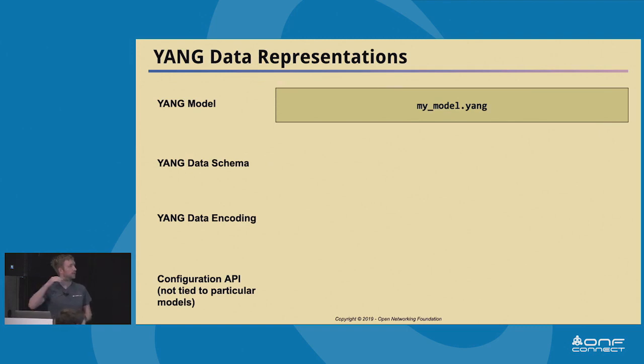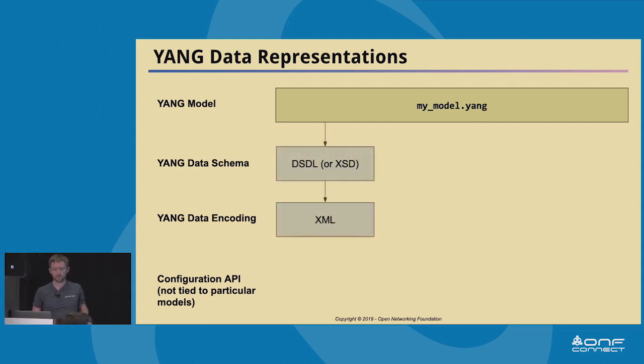Once you have your model defined, how do we go from the model to other representations? We start with your model, like the demo port model we were just looking at. From that, we can generate a YANG data schema. DSDL is an example of an XML schema, or maybe you're familiar with XSD.